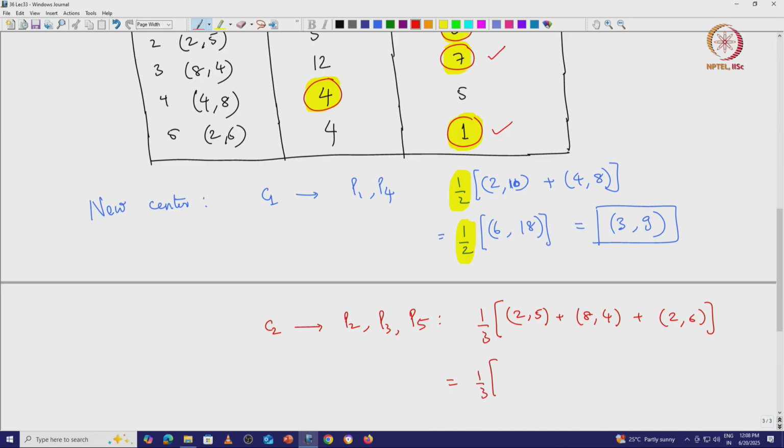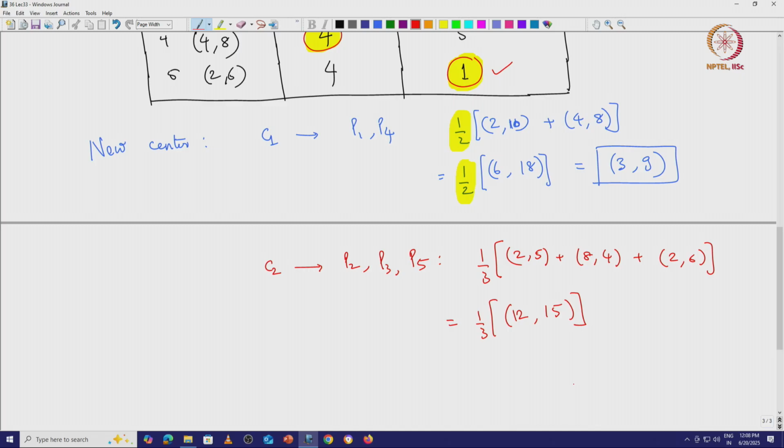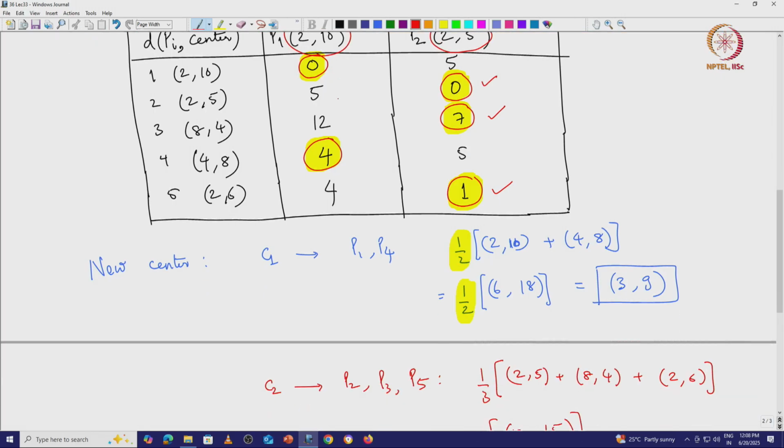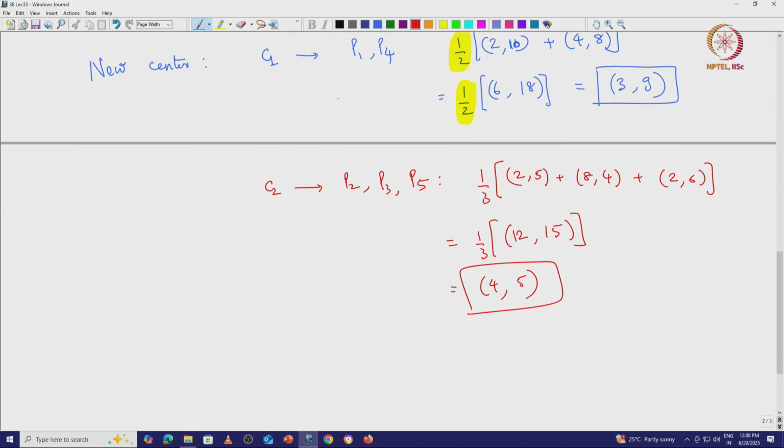So 2 plus 8 is 10, 10 plus 2 is 12, and then similarly if you add the other 3 numbers 5, 4 and 6, you are going to get 15. Right. So now 12 divided by 3 is 4, and then 15 divided by 3 is 5. So this is the center of the second cluster, right, which is also different from what we had assumed as the center to start out with. So that is the end of this iteration.